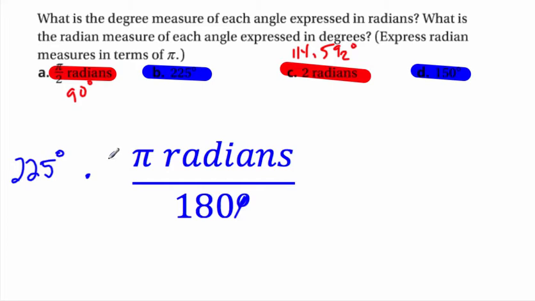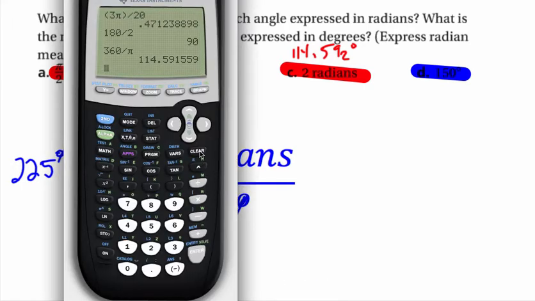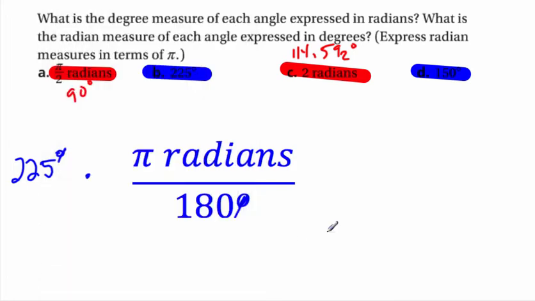The degrees cancels with the degrees. So really, I just need to figure out 225 divided by 180 and simplify it. So I'm going to do 225 divided by 180. Let me show you this shortcut. I know a lot of you are used to hitting enter and then going to math, enter, but you don't have to do that. You could just do that here, and I get 5 over 4. So this comes out to be 5 pi over 4 radians.